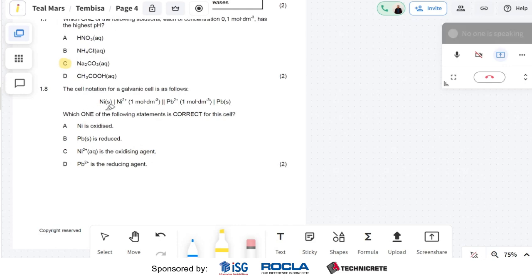Okay, well, what you have over there is you have nickel forming its ionic form, and you have lead in its ionic form reacting to form solid lead.